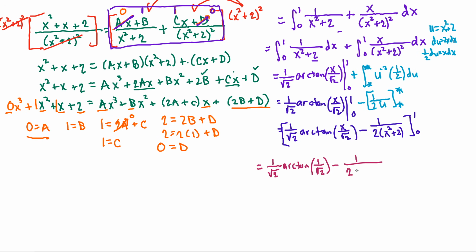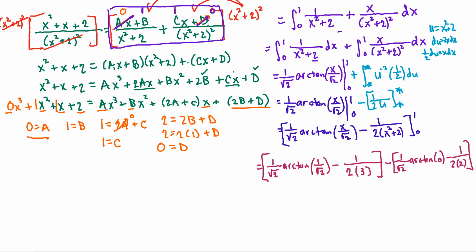Plugging 1 in for x, 1 squared plus 2 is 3. So that's what our antiderivative looks like evaluated at the upper limit. Let's go ahead and plug in our lower limit of 0. We can call this arctangent of 0. Plugging 0 in for x, again we have 2 times 2.